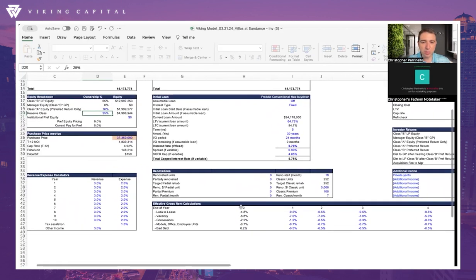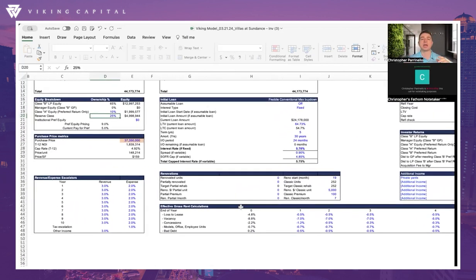And I think this would be a good spot to talk about one of the areas where I think that this particular deal has a soft spot. And there's some additional risk that, for instance, the deal that we just closed, the one in Atlanta, didn't have. So the property that we bought in Atlanta was a late 90s property. It was built in an area called Dawsonville, which is about 40 miles outside of Atlanta.